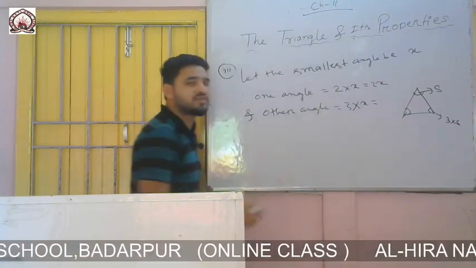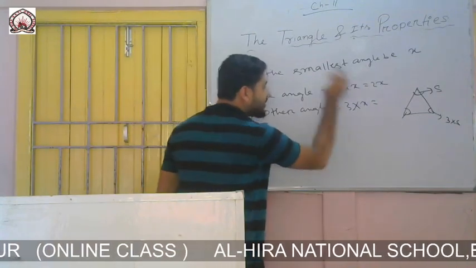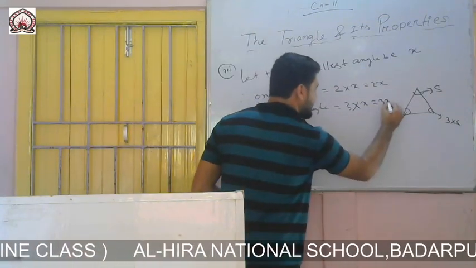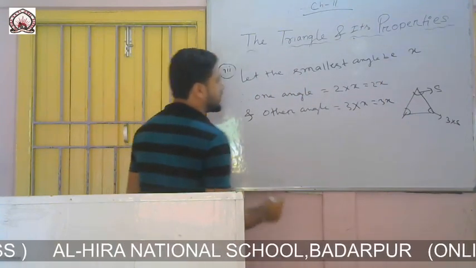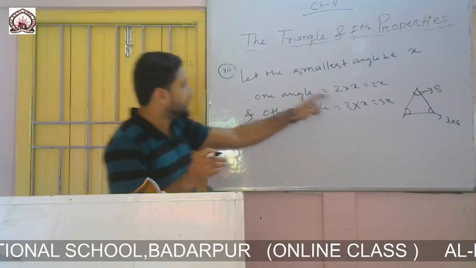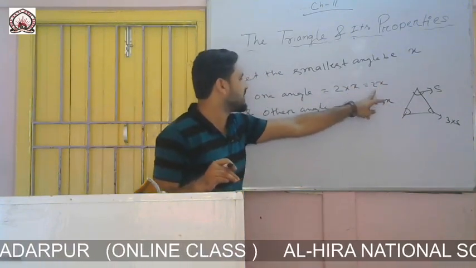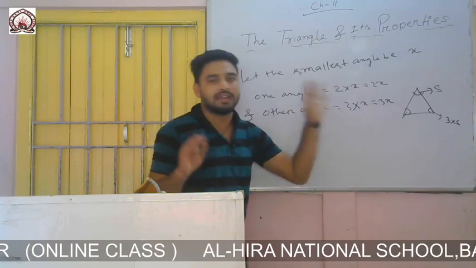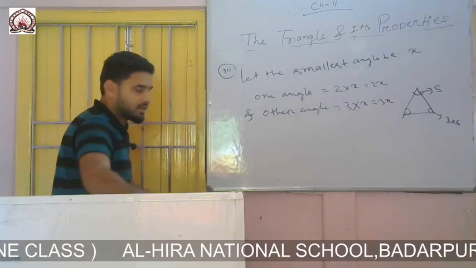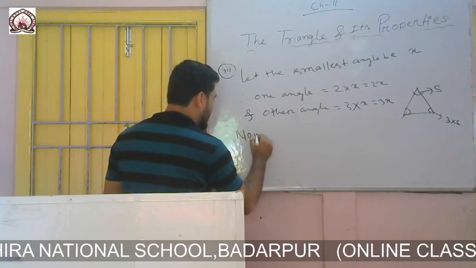Times means multiplication. So 3 times the smallest angle will become thrice x. Now if we add the three angles, the smallest angle, one angle and the other angle, then we will get the measure of the three angles. Now we write as earlier.